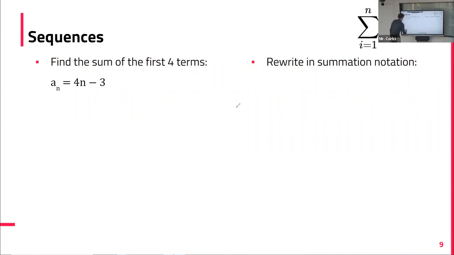Okay. S4 equals. Okay, well, I'll give people another few moments to work. If you've gotten this part, also try to rewrite in summation notation.